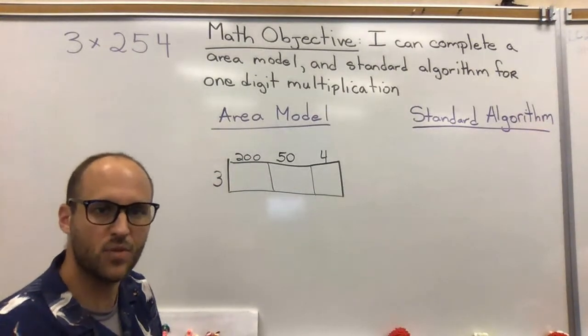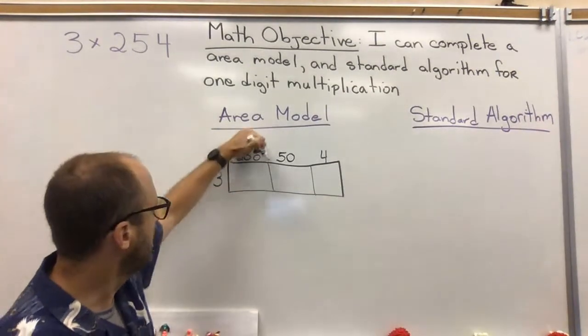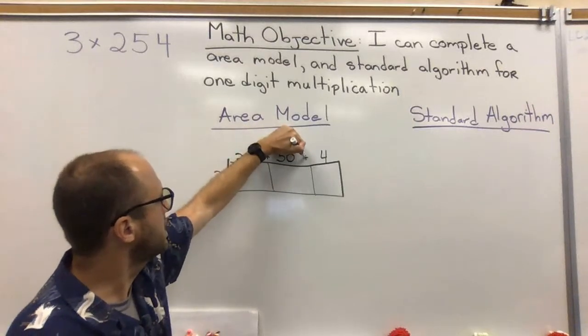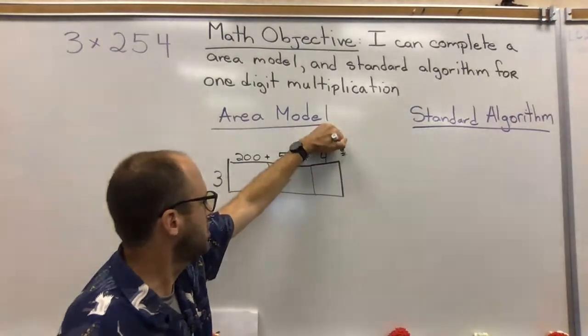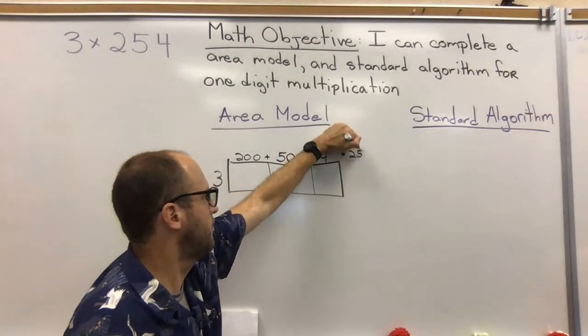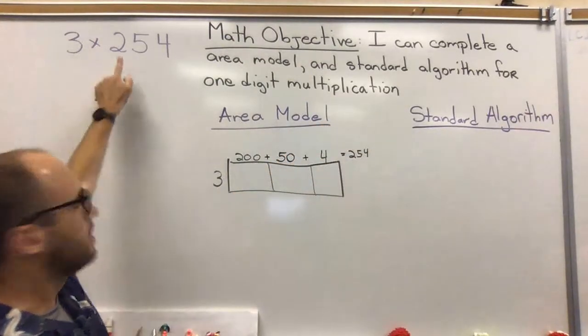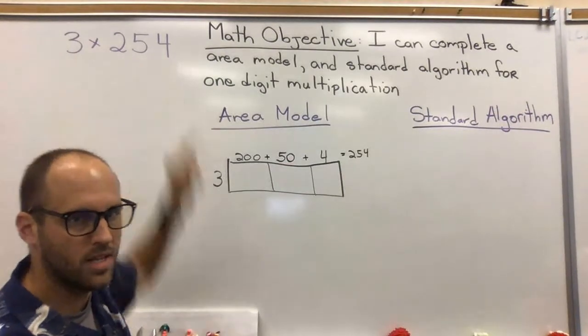And if you do this right when you set up your area model, if you add these 3 numbers together, 200 plus 50 plus 4, it should equal 254, which is what your original factor was.